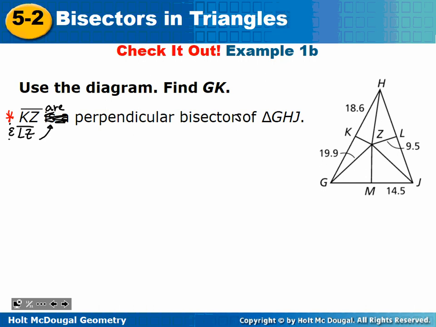I forgot to put it on there. So KZ and LZ are perpendicular bisectors of the triangle. So write that down on that example to the right there. KZ and LZ are perpendicular bisectors of triangle GHJ.